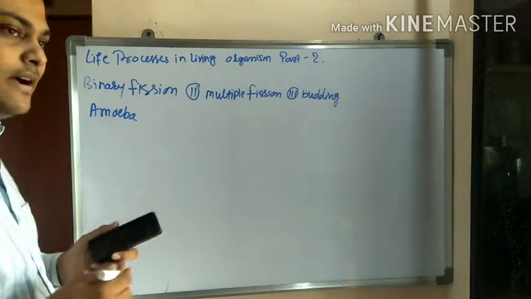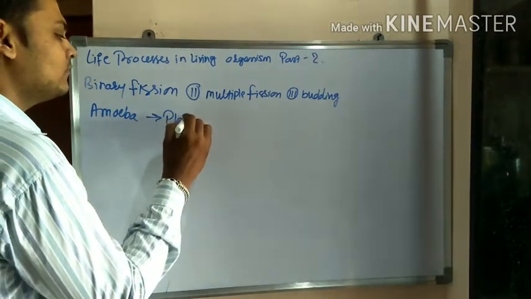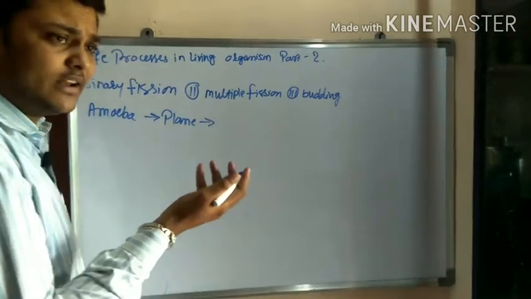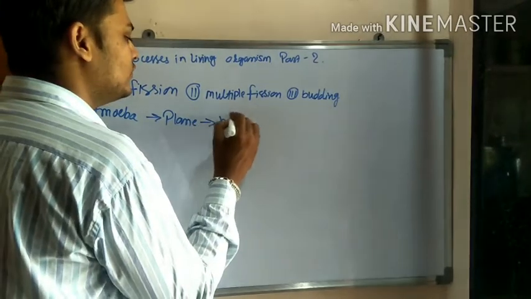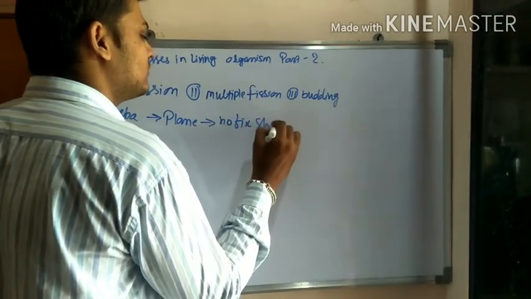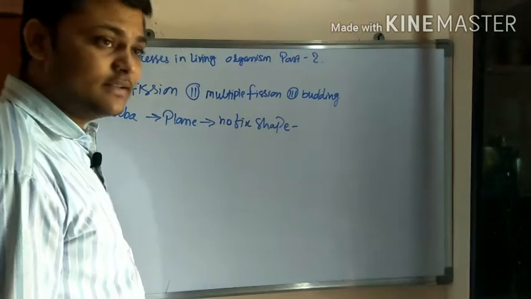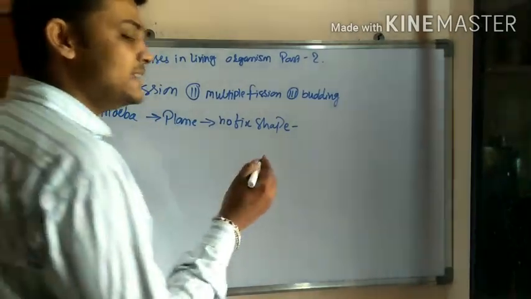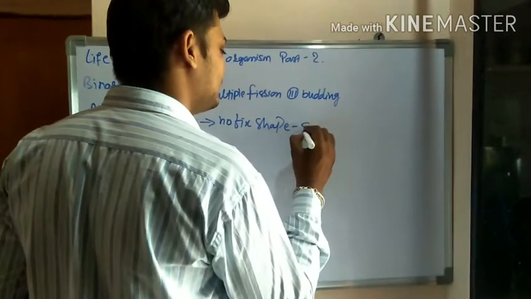amoeba has a plane because it does not have any fixed shape. Because of that, the fission in the amoeba is simple binary fission.